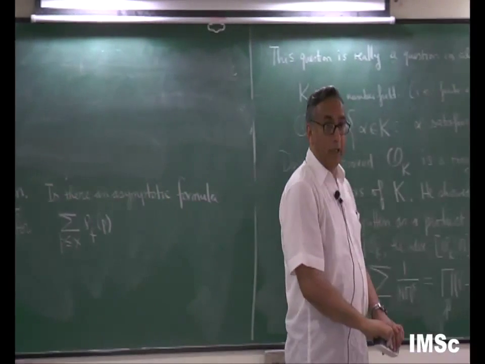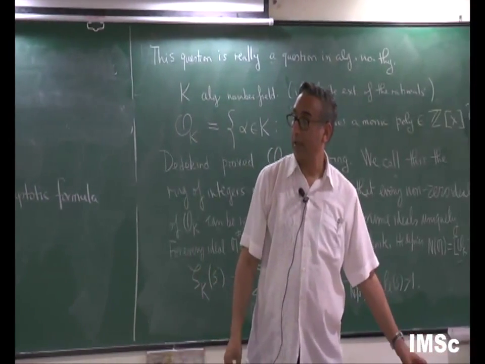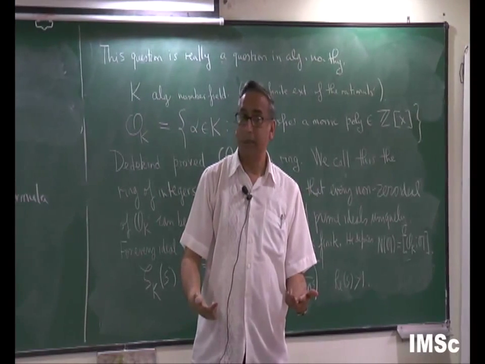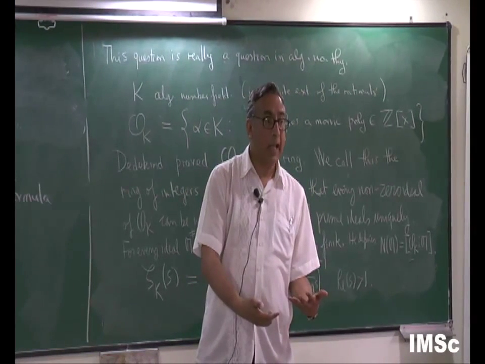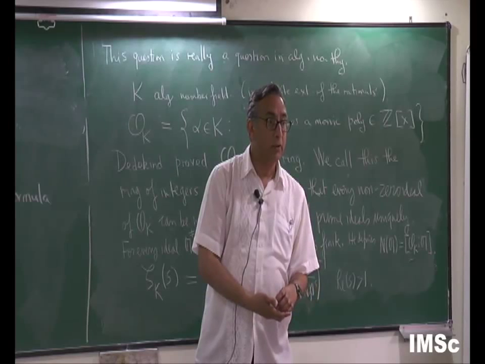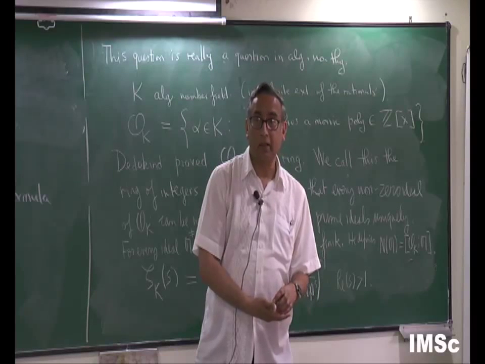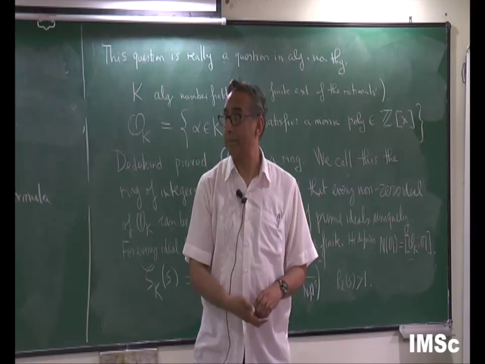And he asked the obvious question: just like the prime number theorem is about counting the number of primes up to x, he wanted to know how many prime ideals there are whose norm is less than x.